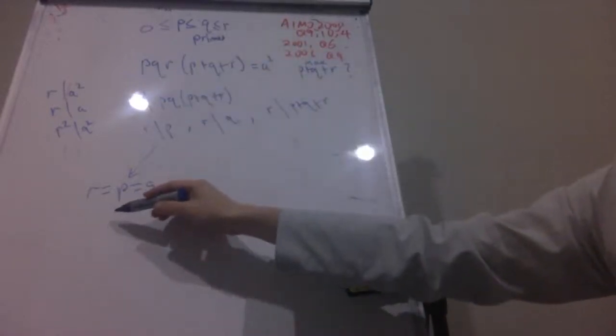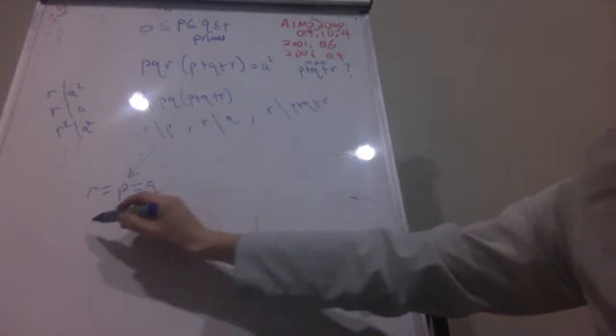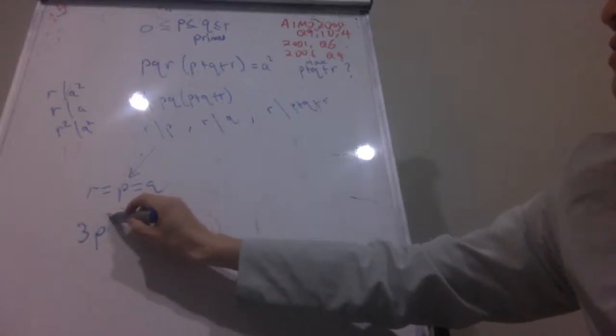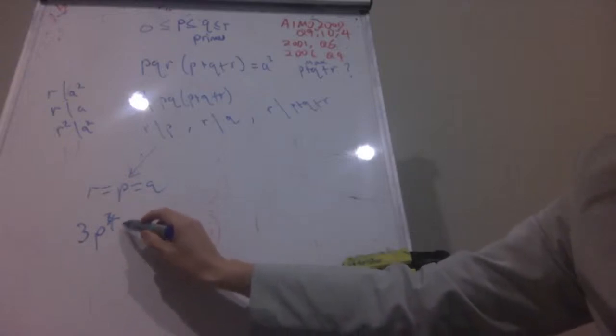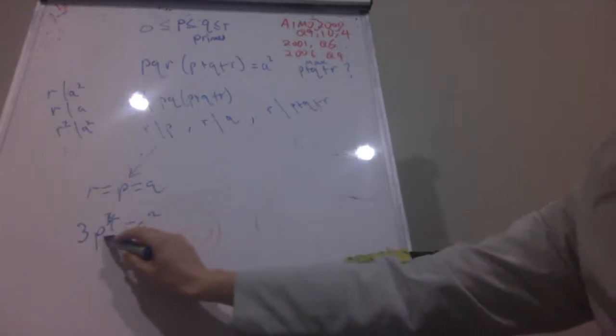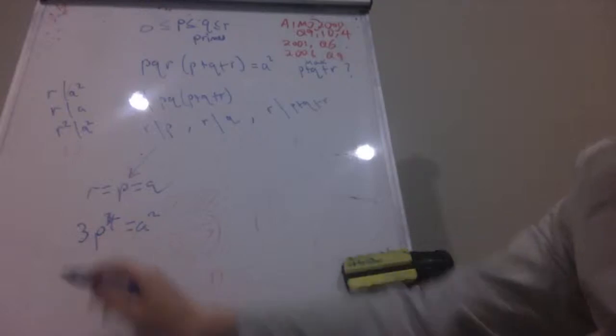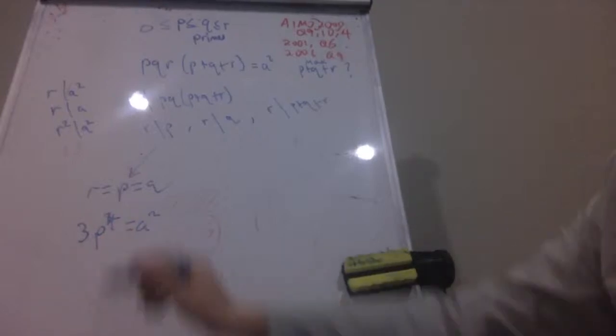And we said that doesn't work, because you get 3P to the 4 equals a square number, but there needs to be another 3. So this doesn't work, yeah?